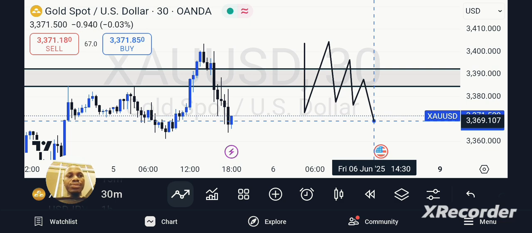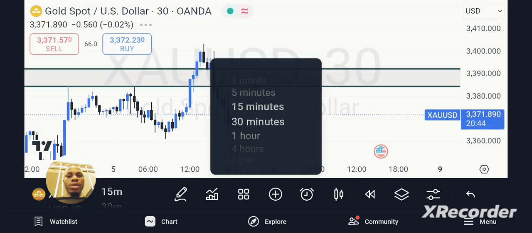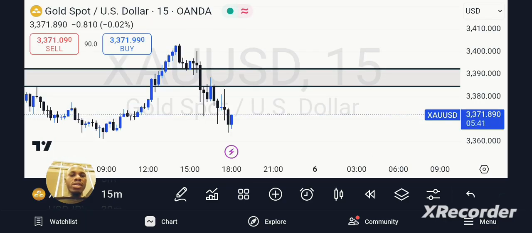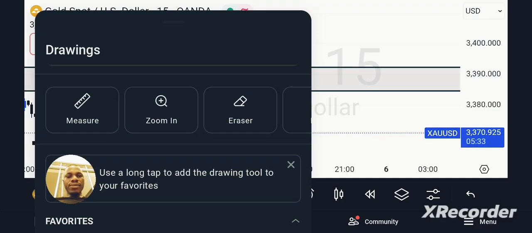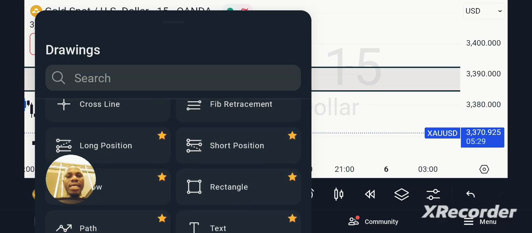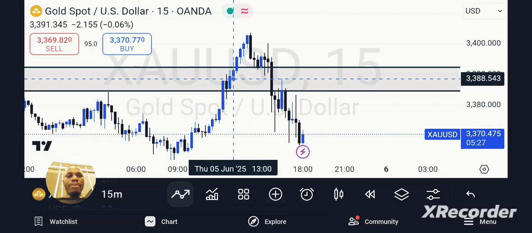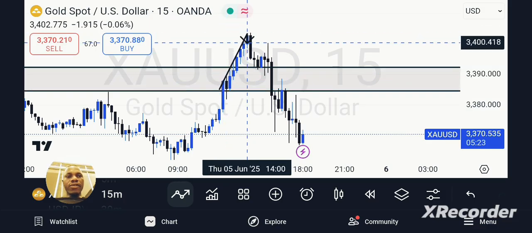Okay, guys, you don't have to make trading hard for you. Don't make trading hard for you. In fact, trading is not hard. So as you can see in the 15-minute chart, a double top was formed. A double top can mean an M pattern. It's like this formation.